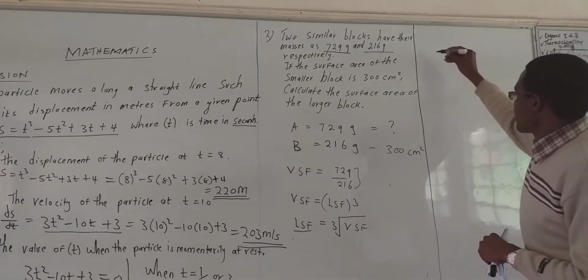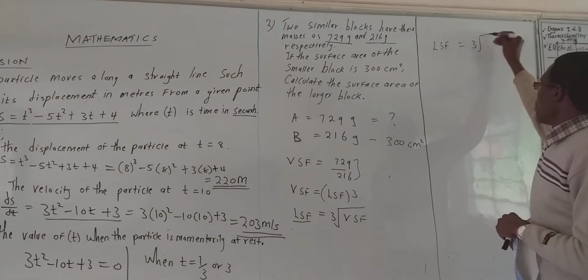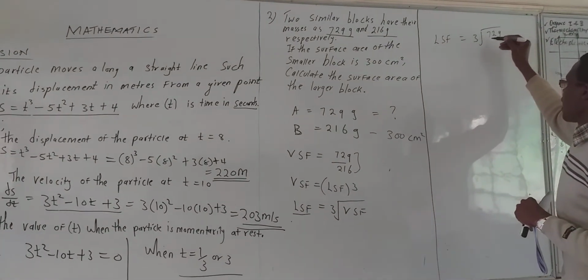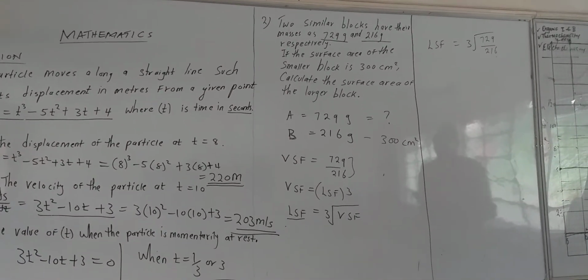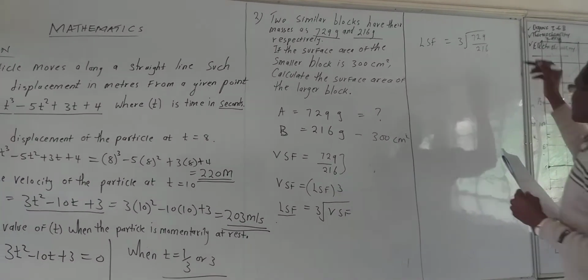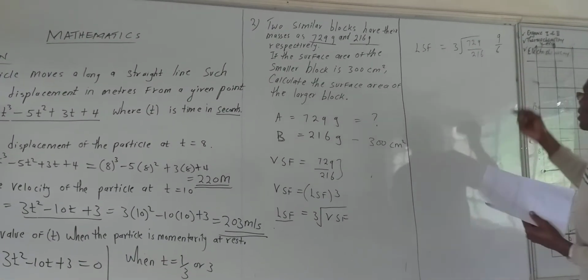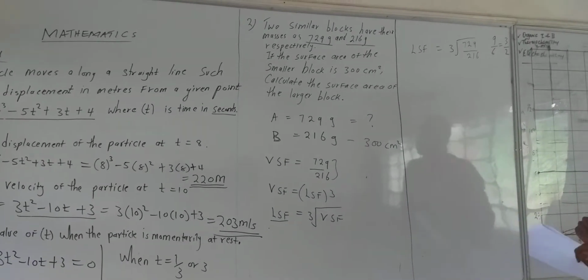So for us to find our linear scale factor, it is the cube root of 729 out of 216, which is going to give us 9 over 6. And then this can be simplified further to give us 3 over 2.